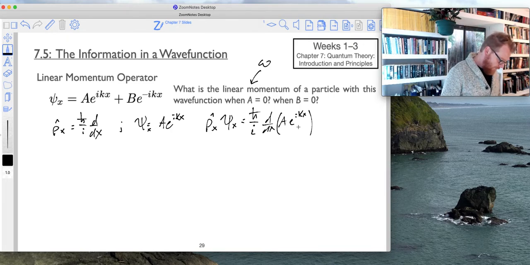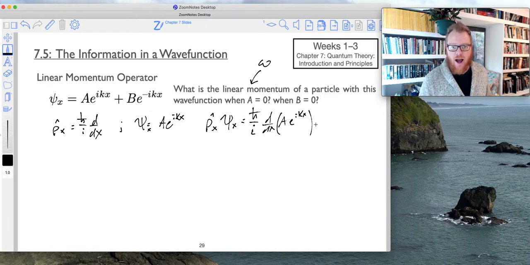When I do that, we are going to get the following. I'm going to keep h bar over i out in front for now. The d/dx of a will just also come out in front.